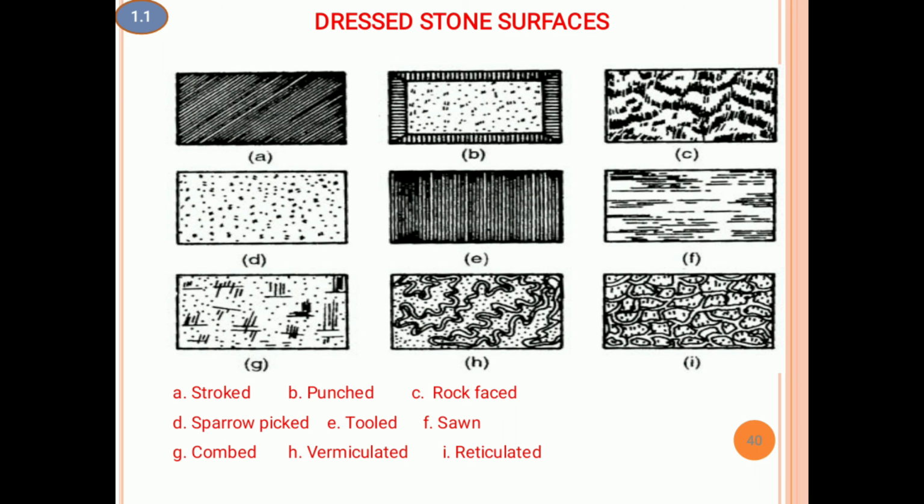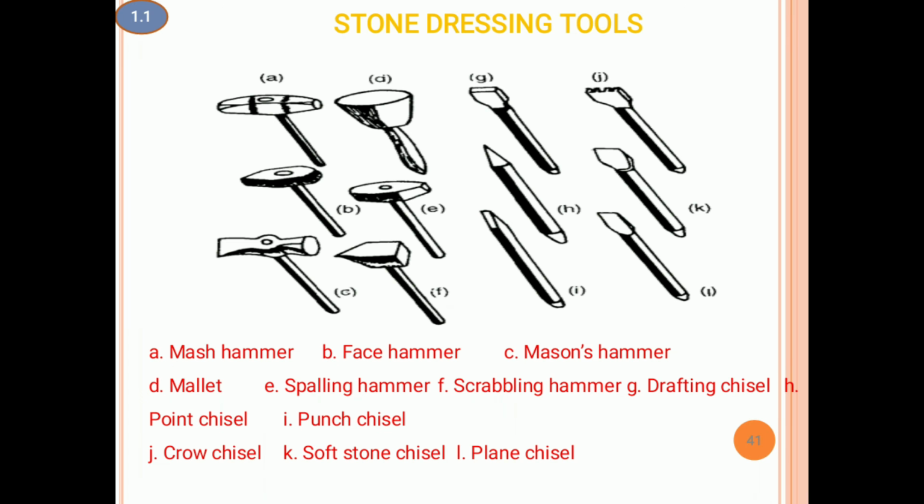You can see the various types of dressed stones: stroked, punched. These are the various types of tools. When you use different tools for dressing stones, you will have stroked nature, punched nature, rock faced, sparrow picked, tooled, sawn, combed, vermiculated, reticulated. These are the stone dressing tools.